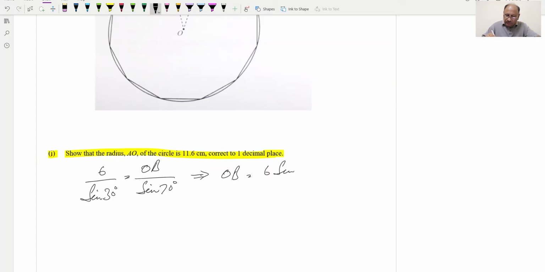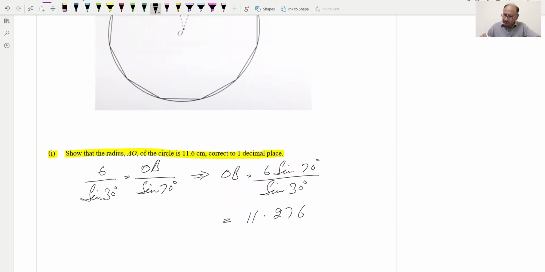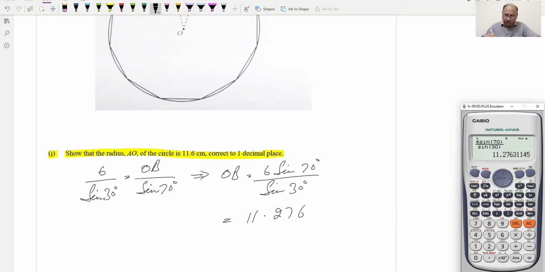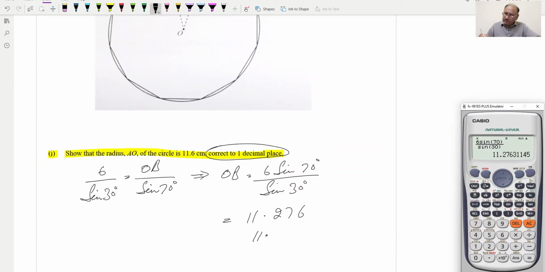to 6 sine 70 degree divided by sine of 30 degrees. Your calculator should be in degree mode. Sine of 70 divided by sine of 30 degrees, and this will be equal to 11.276. Why are we getting something different? 6 sine of 70 over, this is basically not 70.